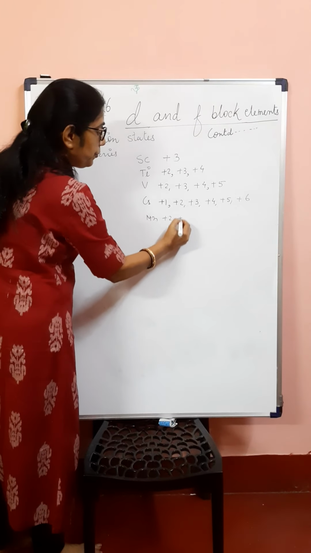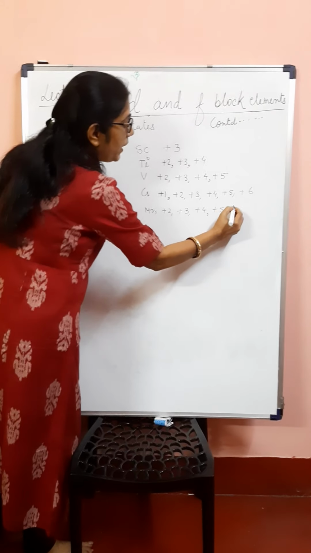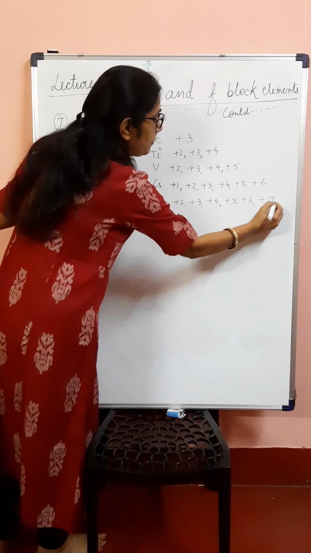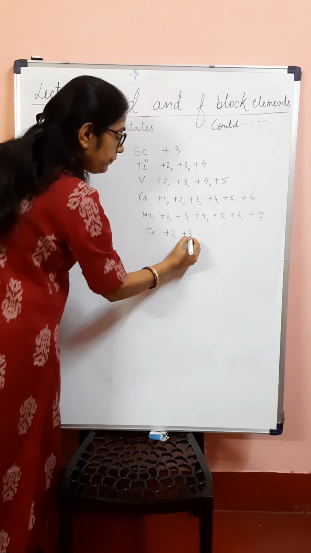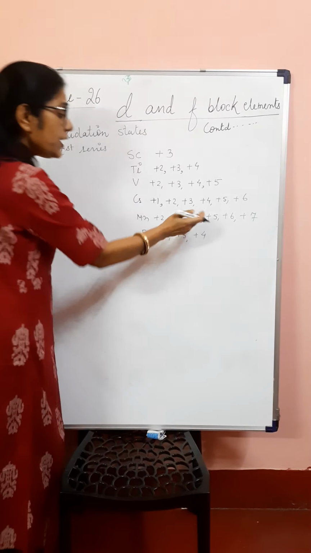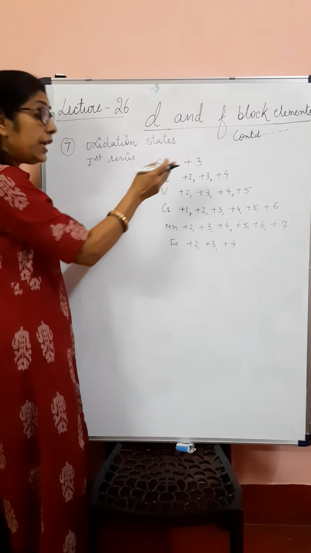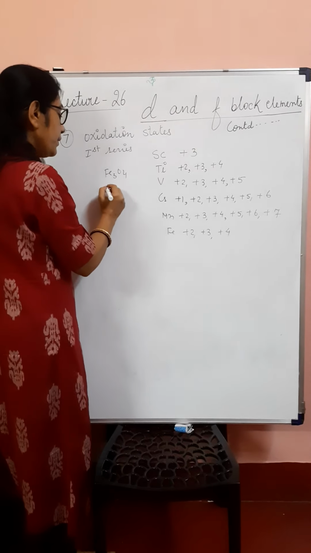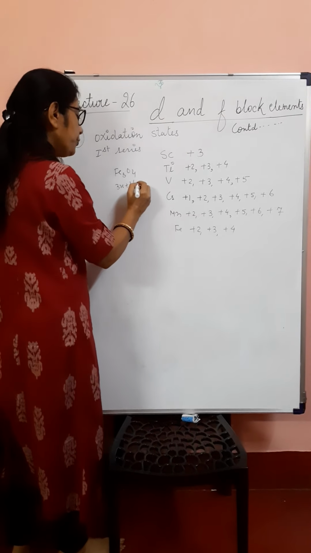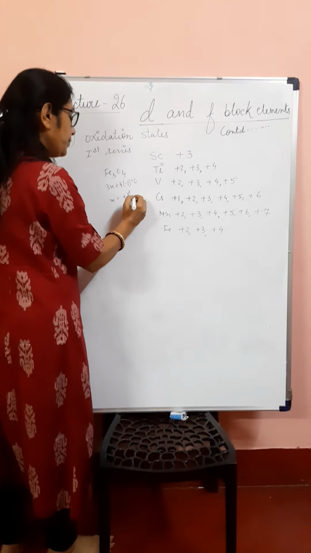Then manganese: +2, +3, +4, +5, +6, +7. Then iron: 2, 3, ferrous, ferric. In some cases +4. Then like Fe3O4, it can show 8/3 also. If you consider Fe3O4, then 3x plus 4 into -2 equals 0, so x equals +8/3.